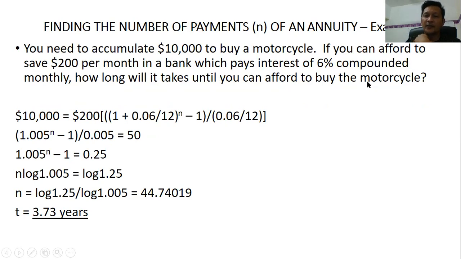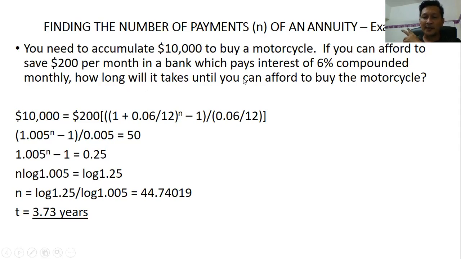First and foremost, by reading this question, you need to be clear about the objective. What do you need to find? Where is the keyword? How long will it take? So you know for sure that your answer will be in years because it asks how long will it take. That is number one.